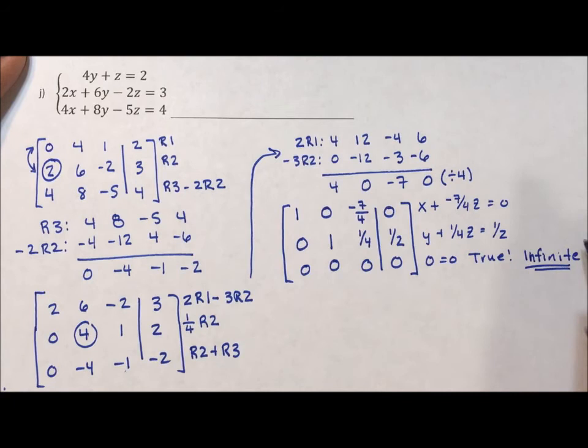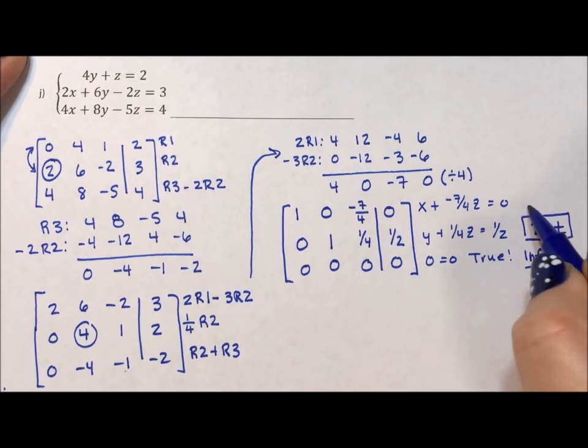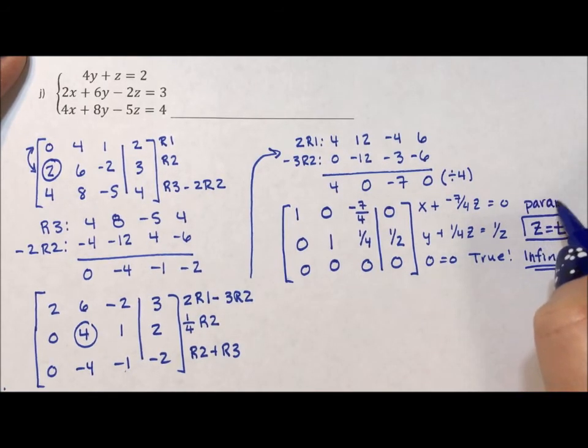So to get these infinite solutions, let's let z equal t. This is a parameter. This means if we set t to a value, we can figure out one of our infinite number of solutions for this system.